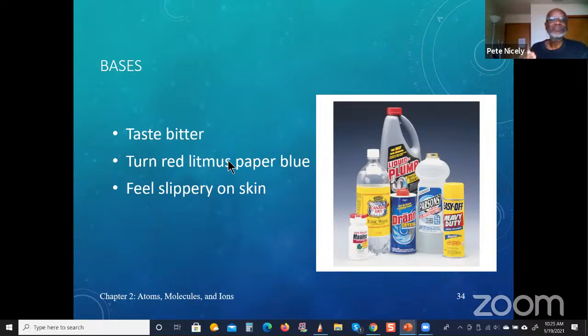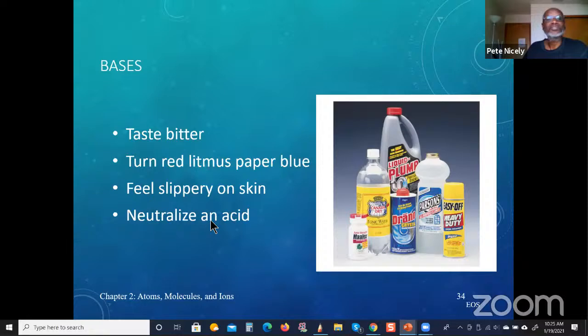So that slippery feeling you would feel when exposed to a base is actually soap formed as a result of the reaction of the base with oils on your skin. And the final property listed here is that bases will neutralize an acid.